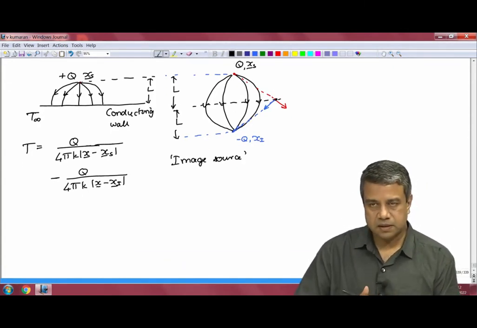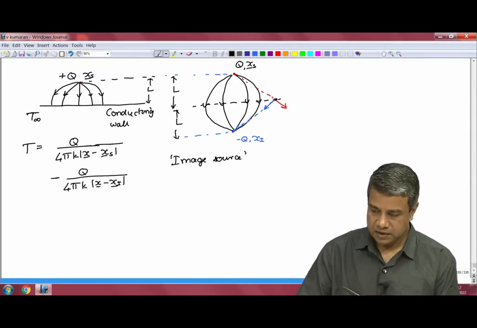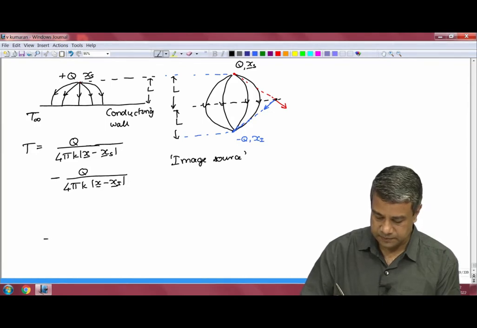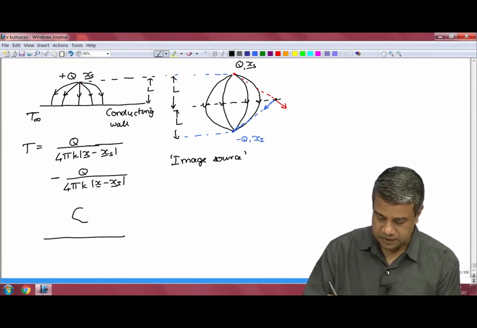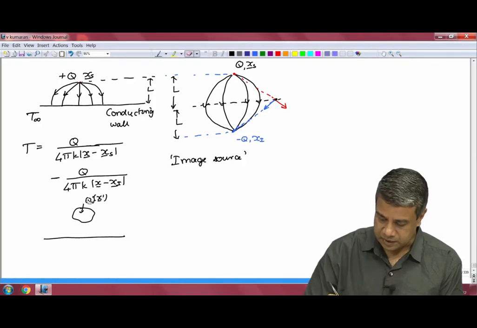Now, this method can easily be extended to a distributed source. So, if instead of a point source I had a distributed source, having some q_V of x prime, let me write it clearer for you.